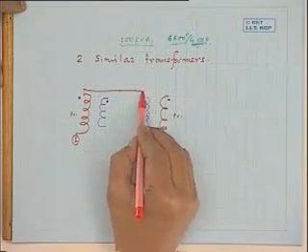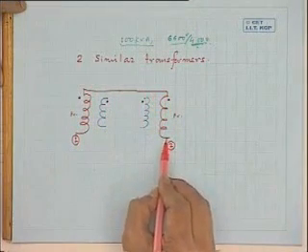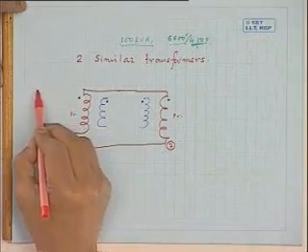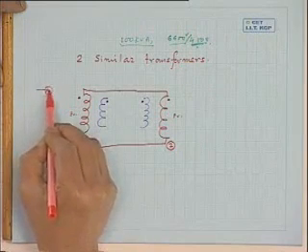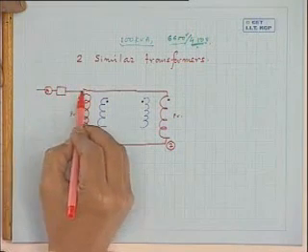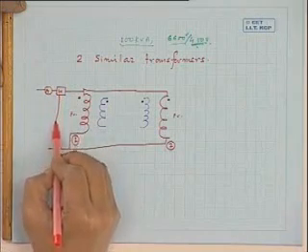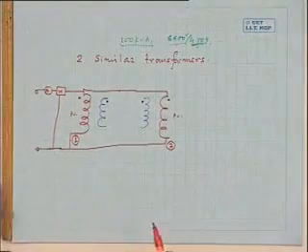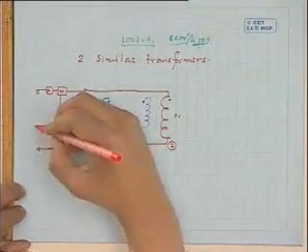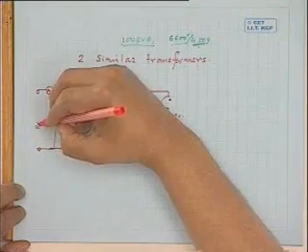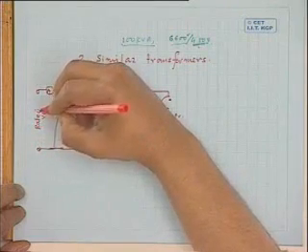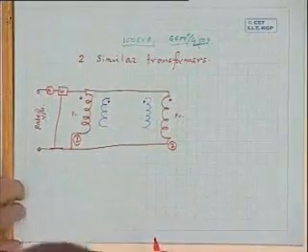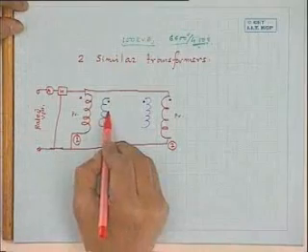Now what you do is this: these two primaries, you connect them in parallel. And here you can connect an ammeter and a wattmeter, and give rated voltage to the primary side, at rated frequency, of course.